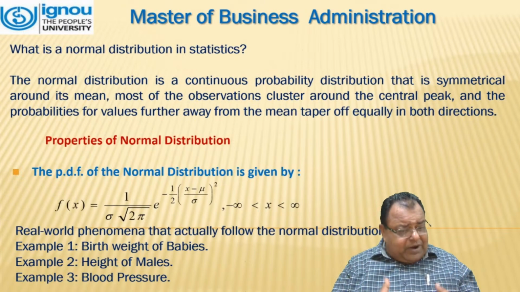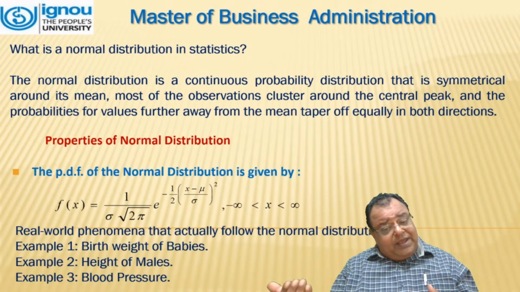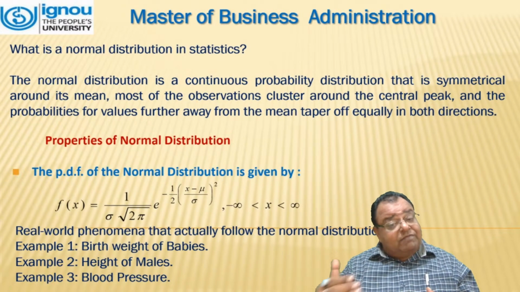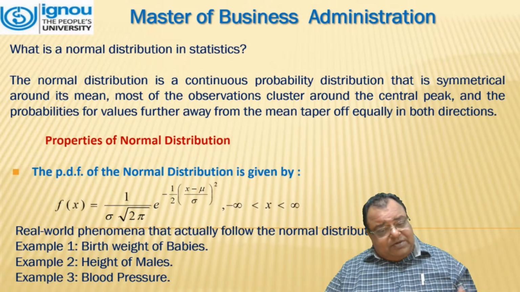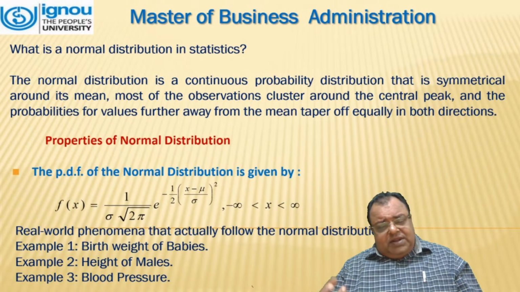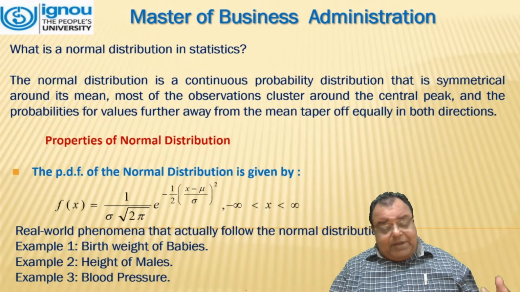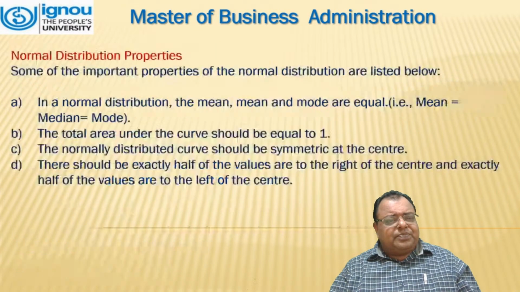You have to remember x minus mu upon sigma, which will be equal to z when we will be calculating numericals related to normal distribution. Now the question arises, where this normal distribution is actually applied. Birth weight of babies, height of males, blood pressure in your medical analysis.